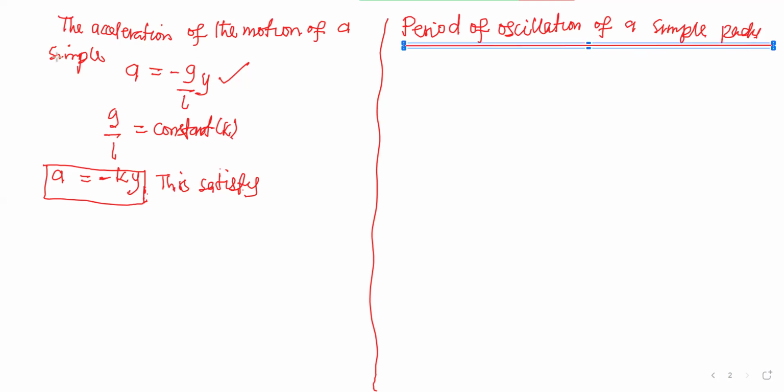So if a body is oscillating, how do we determine the period? A complete oscillation is made up of 4 equal parts.